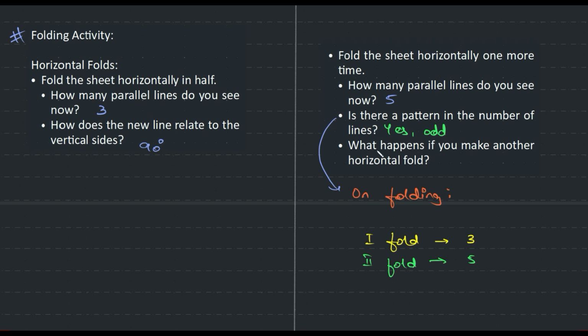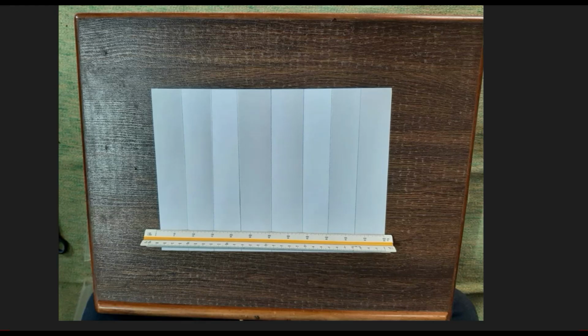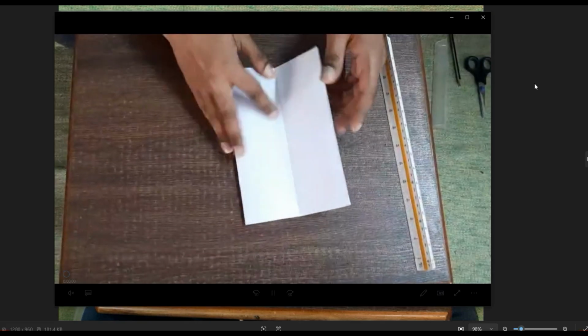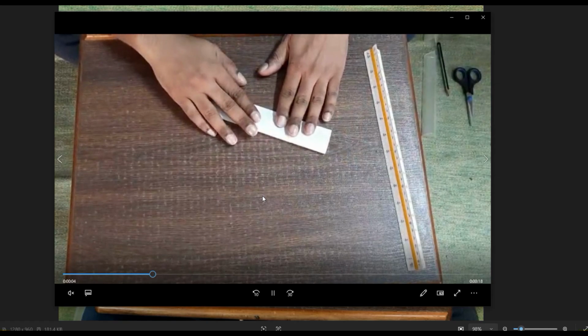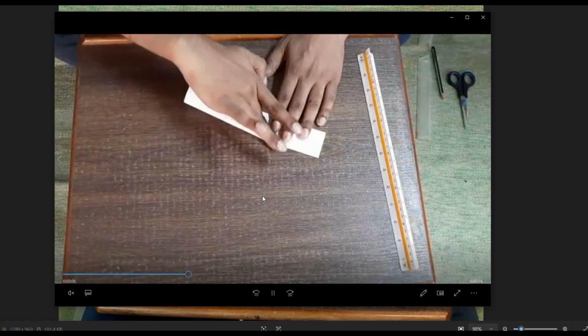What do you think will happen if you fold once more, that is the third fold? I'm guessing 7. It's a guess, so let's look at the next fold.